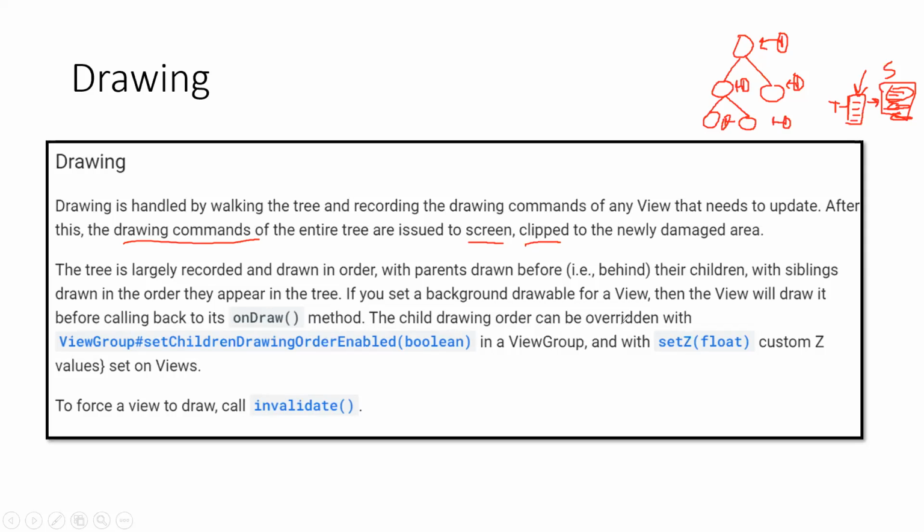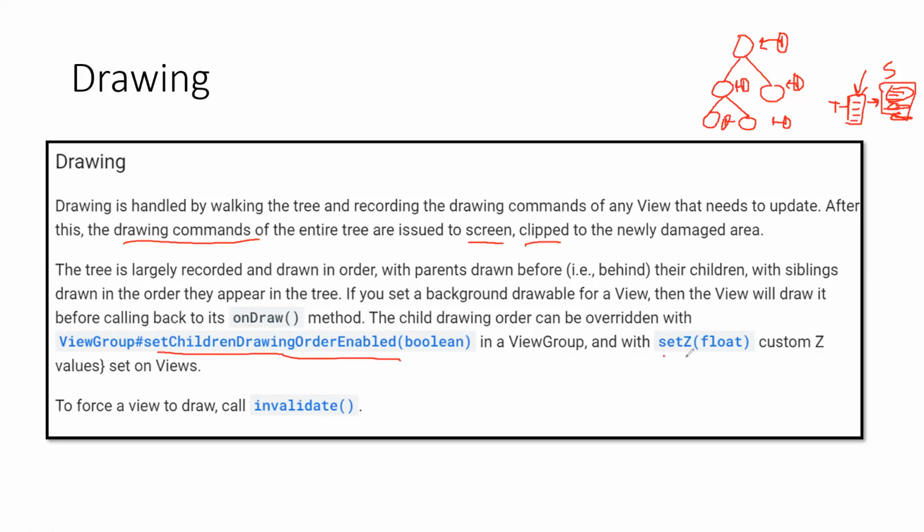The child drawing order can be overridden. If you want to override that behavior, let's say I don't want this particular thing to be drawn on the screen in order, then you can call this method. It's all possible because of ViewGroup, which has setChildrenDrawingOrderEnabled.